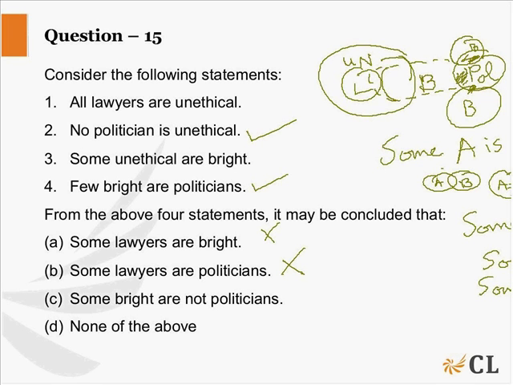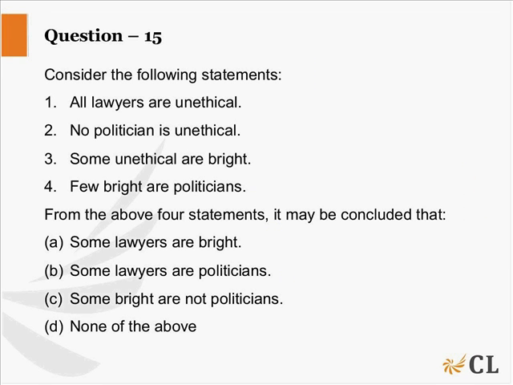I think I'll have to do the Venn diagram once again. It says that all lawyers are unethical, right? So what does all mean? That anyone who's a lawyer has to be unethical? Then it says no politician is unethical.